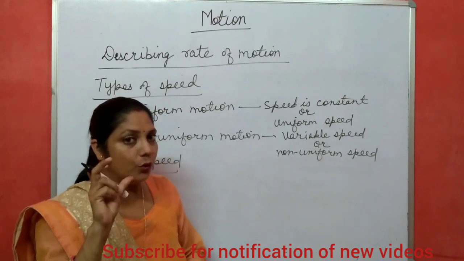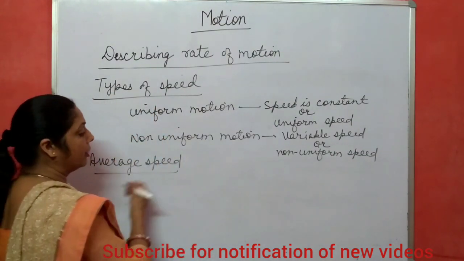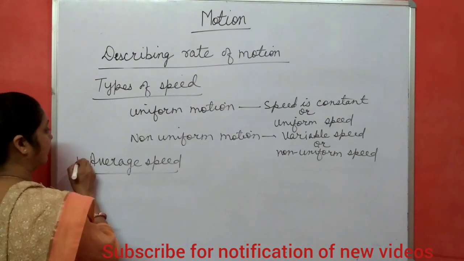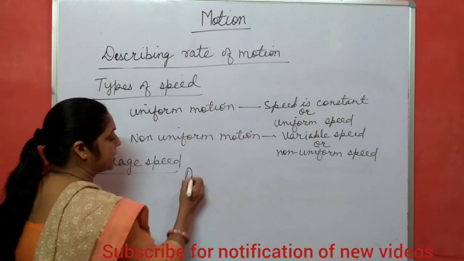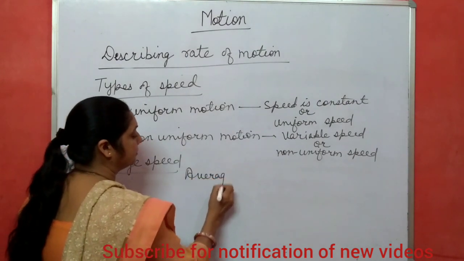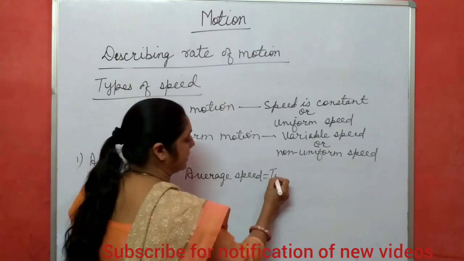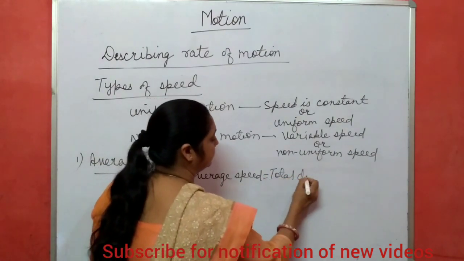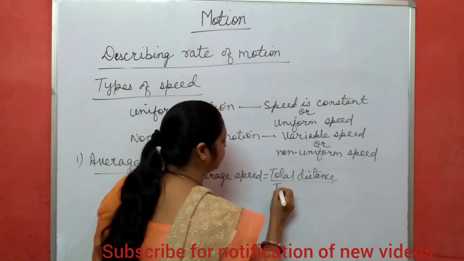So you have to calculate average speed. And what is the formula for average speed? Average speed is equal to total distance traveled by total time.